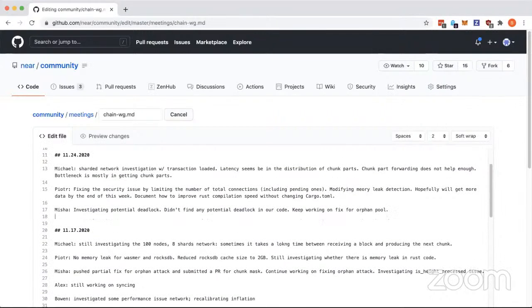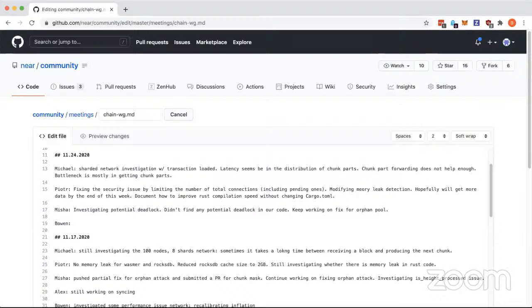For the update on my side, I was mostly dealing with critical issues on mainnet. This includes first investigating and asking people to fix it, communicating the fix to the validators, and merging the fix back to nearcore when validators have upgraded.